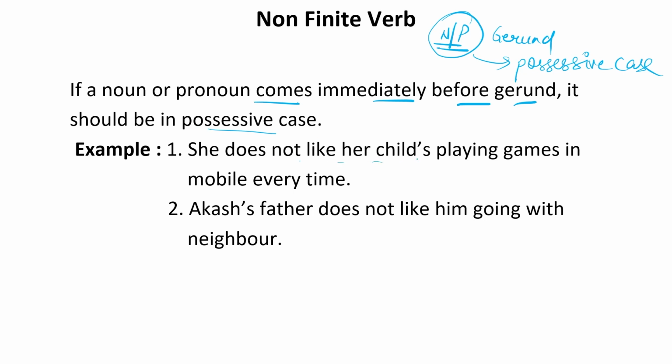She does not like her child's playing games on mobile every time. Now playing is a gerund over here, and before the gerund we have a noun, that is child. So it is child's playing, not child playing, because she does not like the playing of the child.